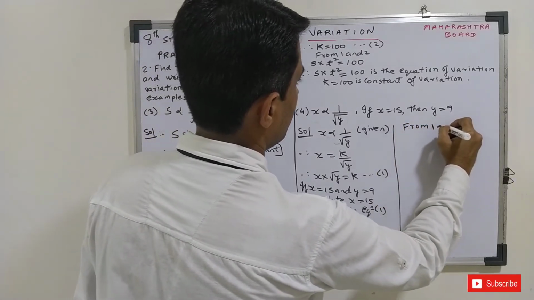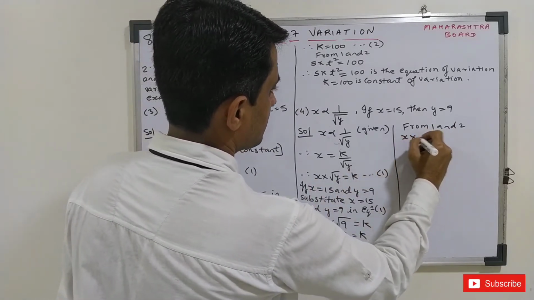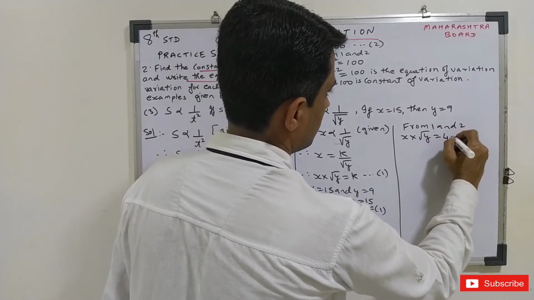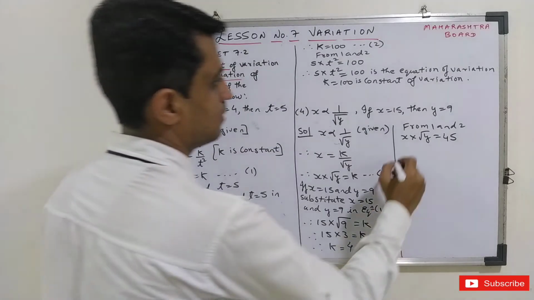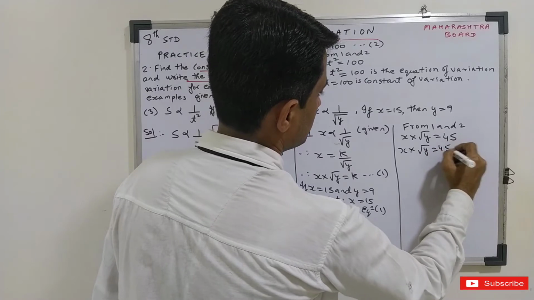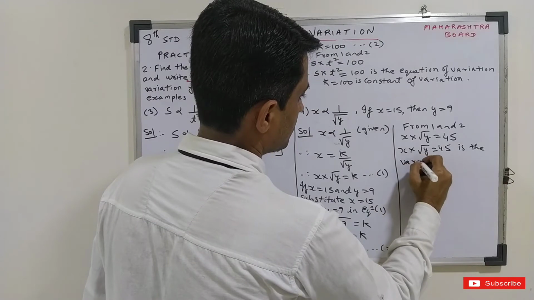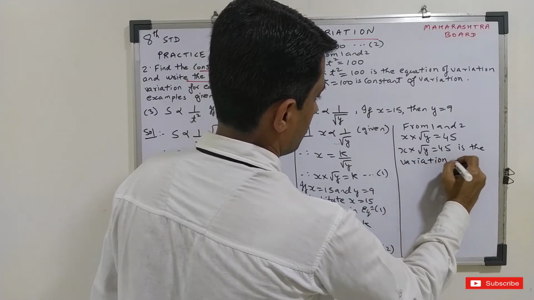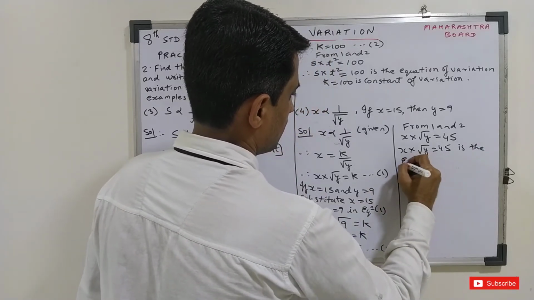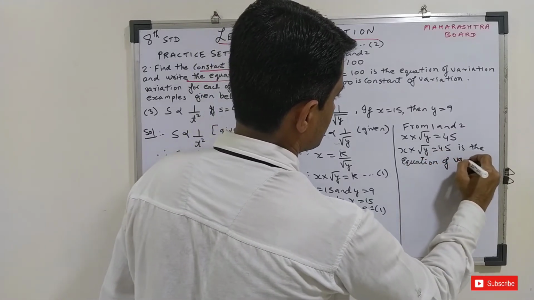So from 1 and 2, what do you get? x into root y is equal to, what is our k? K is 45. So the equation has come. You will write x into root y is equal to 45 is the equation of variation.